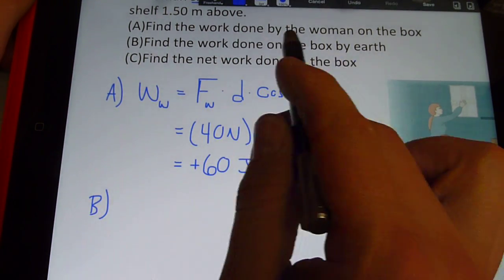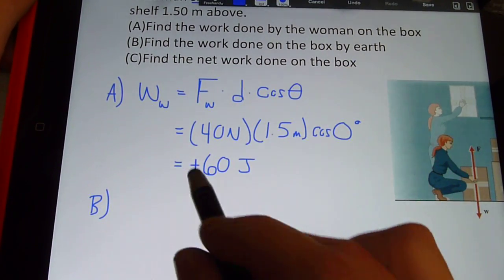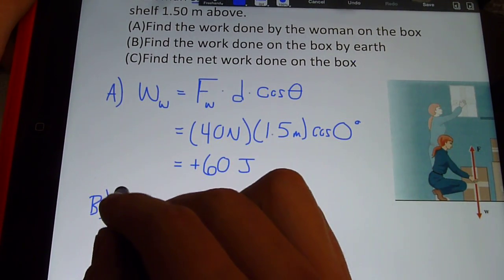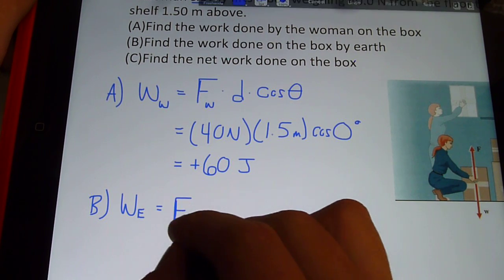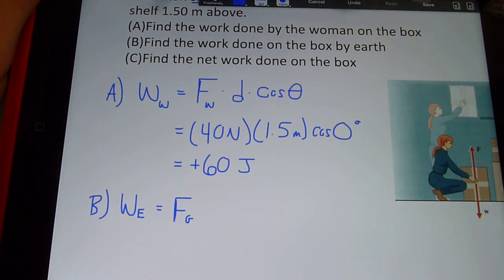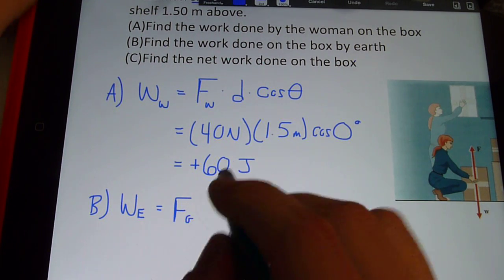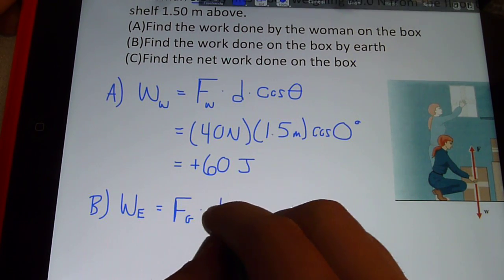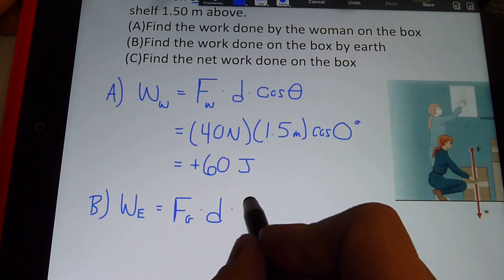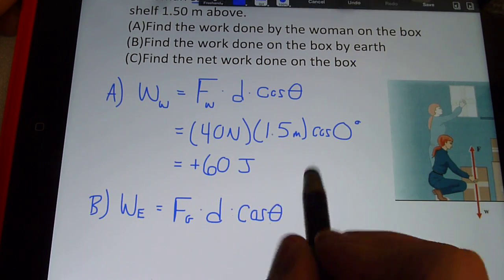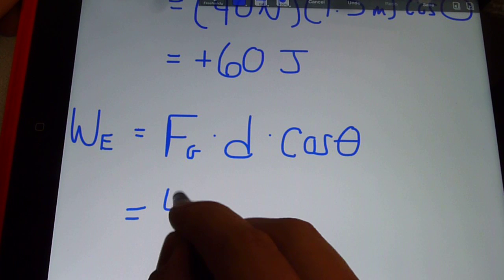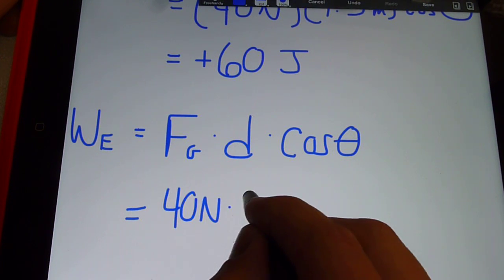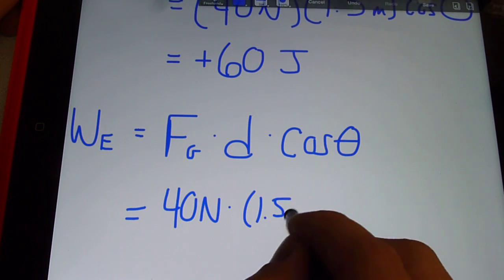Now part B asks for the work done by the Earth acting on the box. So the work done by the Earth is going to be the force of gravity. That's the force of the Earth pulling on the box down. Multiplied by the displacement, multiplied by the cosine of the angle between the two. And now we just have to be careful because my weight was 40 newtons. My distance is 1.5 meters.